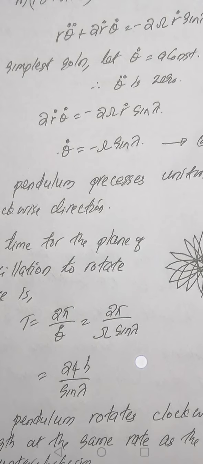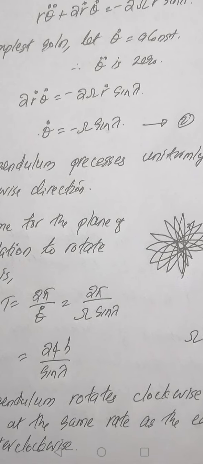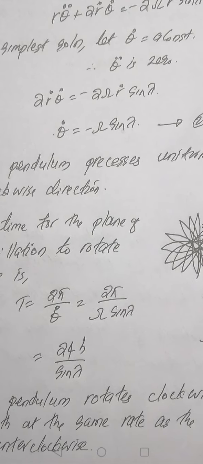So what is omega? Omega is 2 pi by 24 hours. One revolution is 2 pi radian in 1 day, that means 24 hours. By substituting for omega and simplifying, you will get T equal to 24 hours by sine lambda, that is the period.